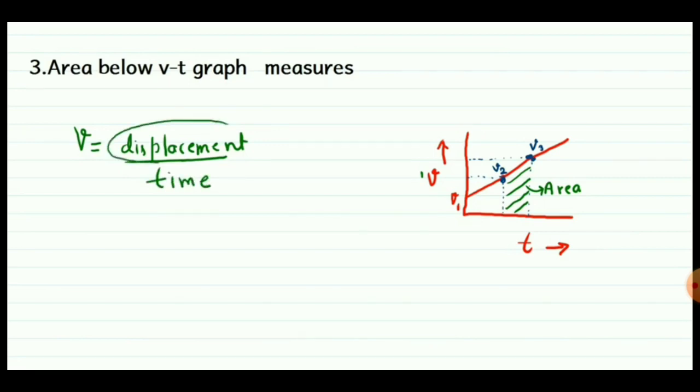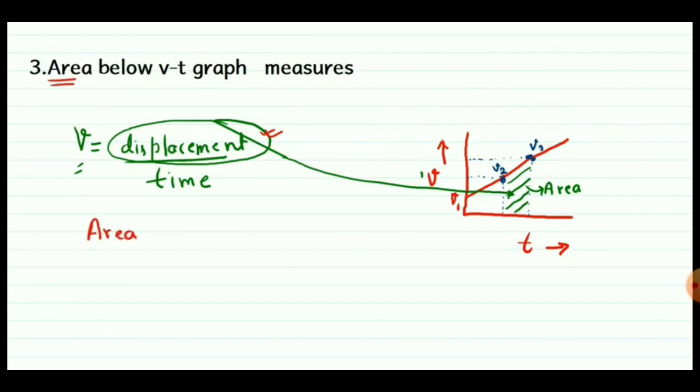That means when the object changes its position with respect to time, we find the velocity. So area, which is the value of length and breadth, means the displacement, distance. So the area of a VT graph will always show the displacement traveled by the object.